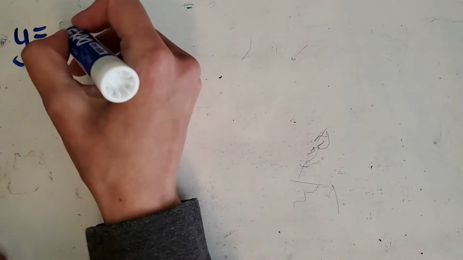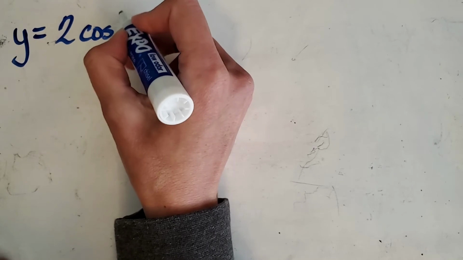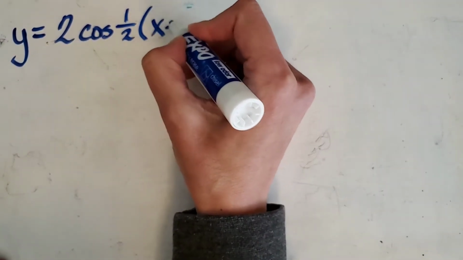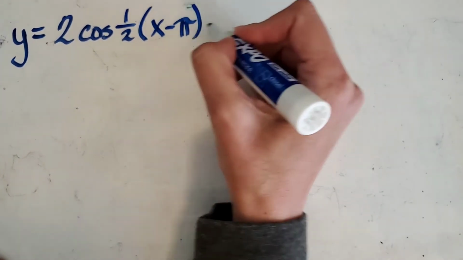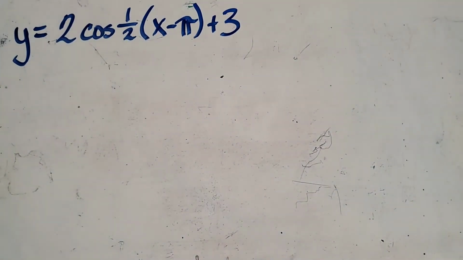Y equals 2 cosine of 1/2 times the quantity x minus pi plus 3. Now notice I've actually picked a value for A, B, C, and D. And so I want us to look at a really thorough example with all of the changes, and then you'll get a chance to practice in your homework.